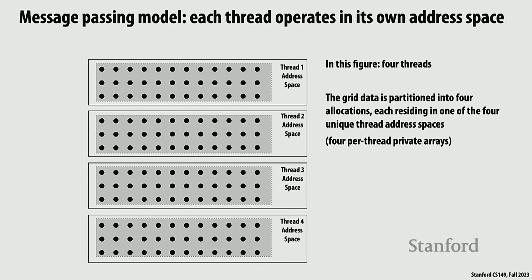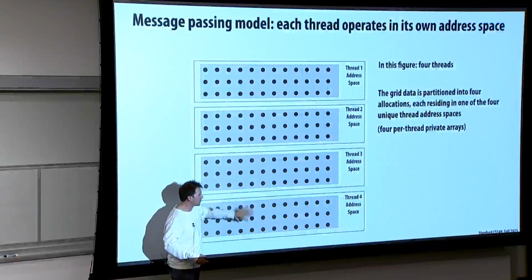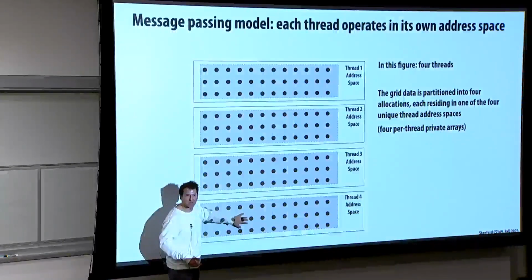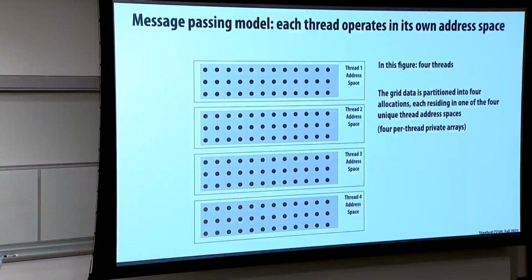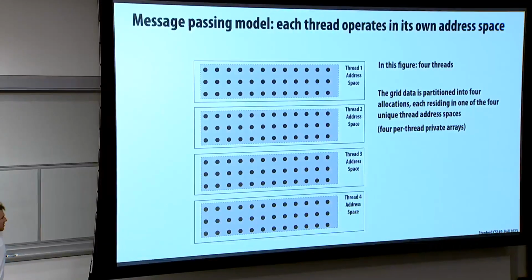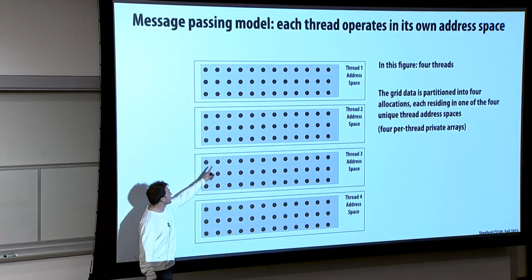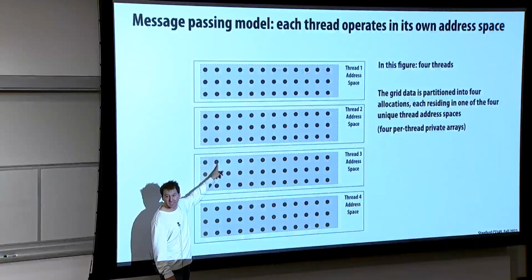Before, we had a shared allocation, and we each touched our own part of it. Now we have 4 different address spaces. There is no way for thread 3 in this diagram to directly load a value here, in the same way that if you have a computer in your dorm and I have a computer in my office, I cannot issue a load or store from my computer that stores data to your computer. Now, if I wanted to compute the value of this element here, what information do I need?